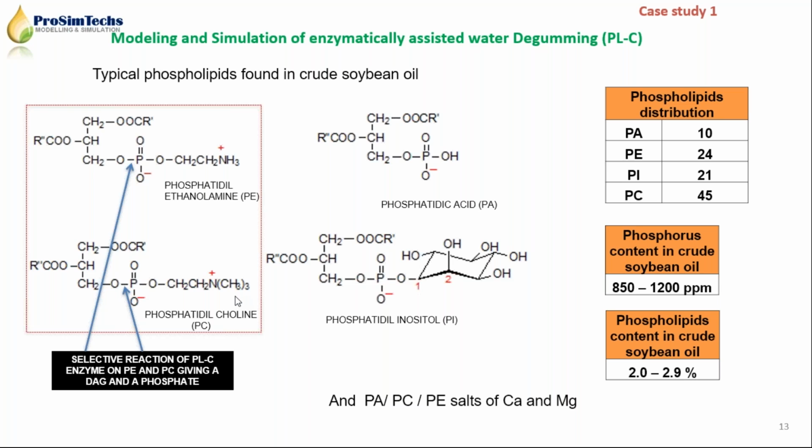Typically, I know that nowadays DSM is commercializing a cocktail of two different PLCs that also attack this ester bond, but the typical PLC has selective action on PE and on PC.